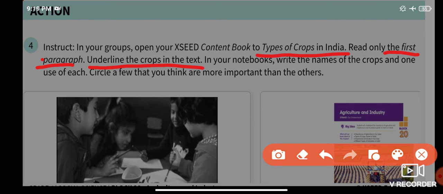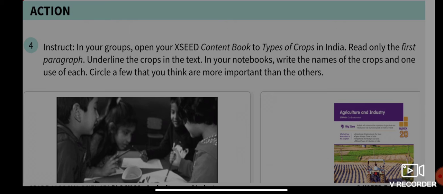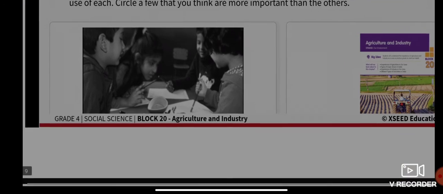In your notebook, write the names of the crops and one use of each. Suppose it is rice, what is the purpose of rice? Then circle a few that you think are more important than the others after reading the paragraph on types of crops in India.